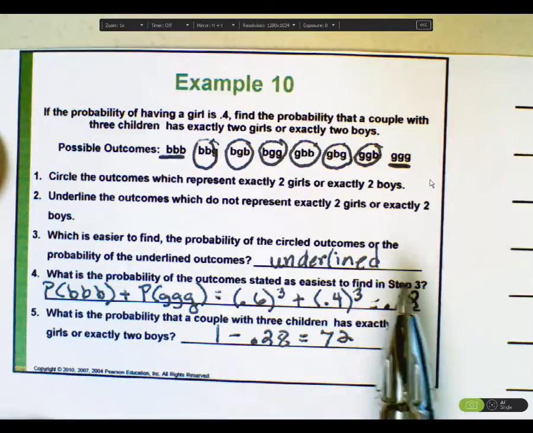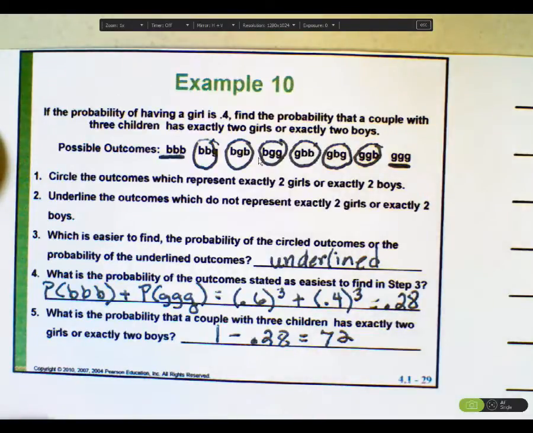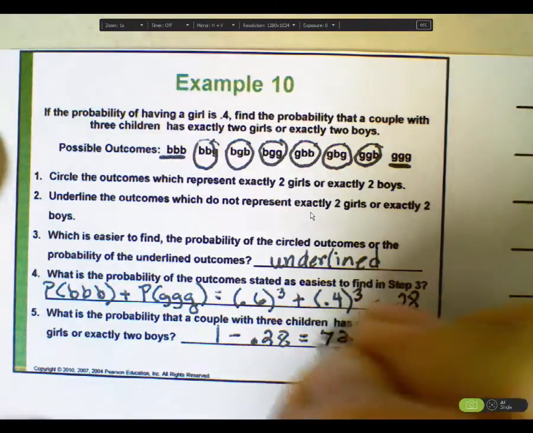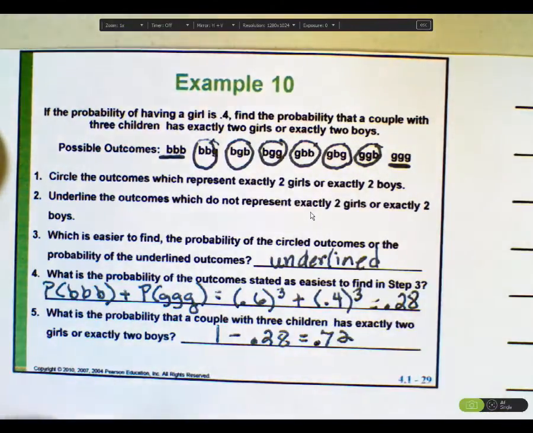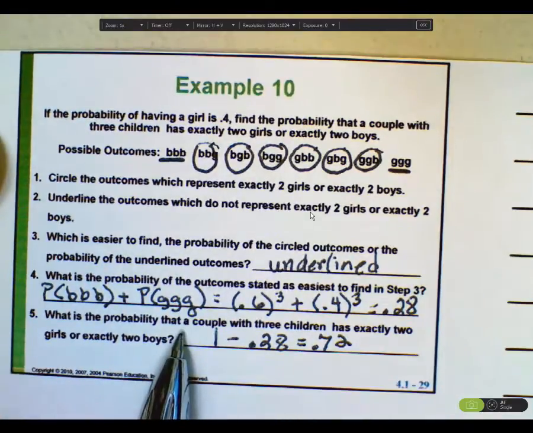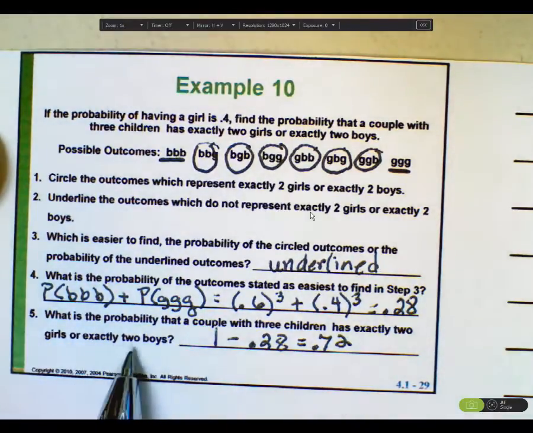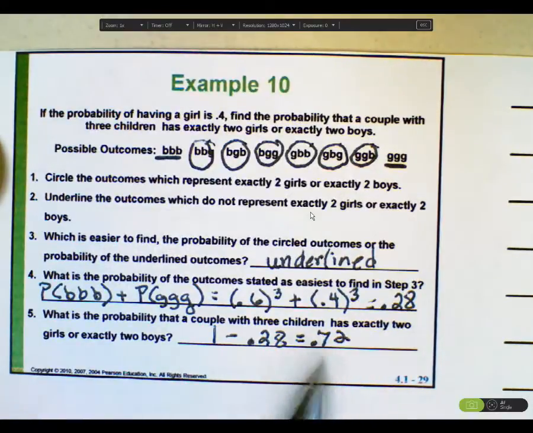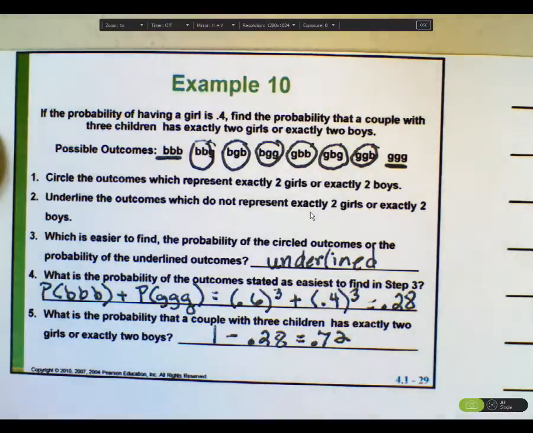So when I found the probability of all boys or all girls, I just subtracted that from 1, and I have the probability of a family of 3 children having 2 girls or 2 boys is 0.72, about a 72% chance that the couple will either have exactly 2 girls or exactly 2 boys.